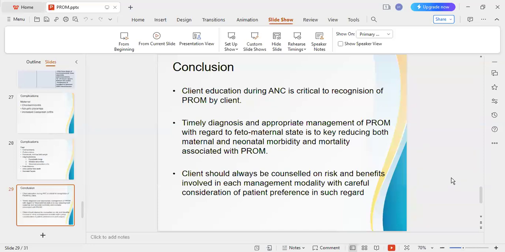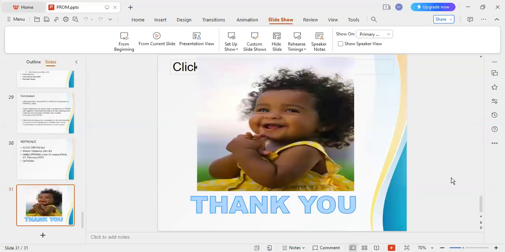So if you're in a CHPS zone or in a health center where you don't have a specialist and you have this special group of patients presenting with PROM, you've made your diagnosis, you think this patient has PROM, but the patient has a cerclage, or the patient is a retro patient, it's best to refer these patients to facilities that have the services of an obstetrician gynecologist to make the appropriate management for these patients. So these are my references, and thank you very much.